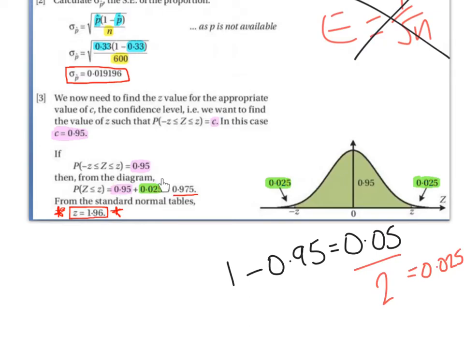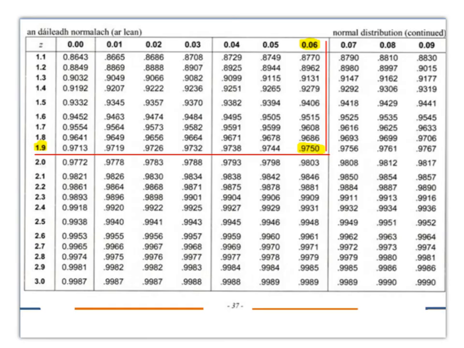So we're going to have a look at where this came from now in a minute. So we search through our tables until we find 0.975, and we see that it corresponds to 1.9 and 0.06, and 1.9 plus 0.06 is 1.96. So z is equal to 1.96.